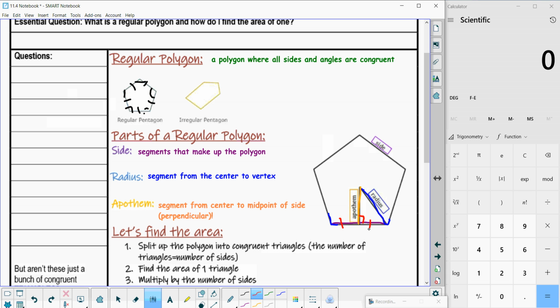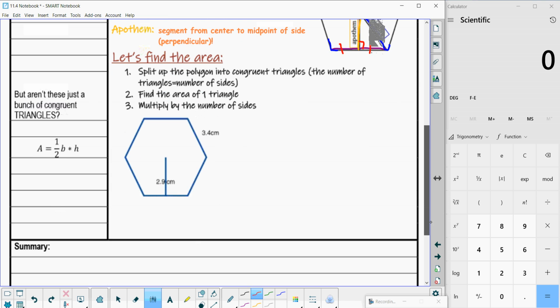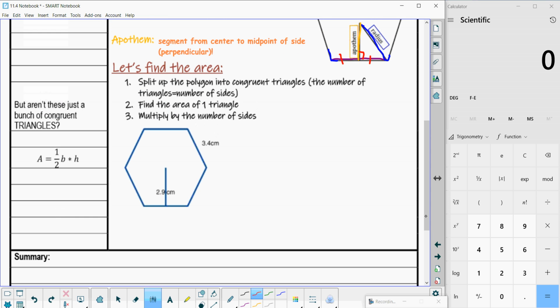So how do we find the area of this polygon, or any polygon? We need to split up the polygon into congruent triangles. All right, and so I'm going to start splitting it up into congruent triangles.